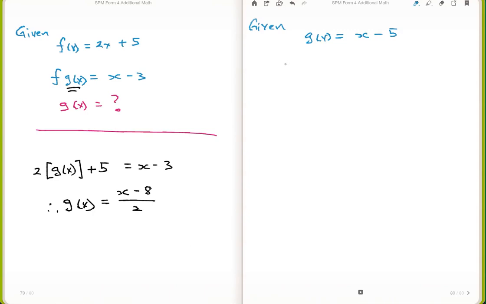And you were given also f(g(x)) is equal to x squared plus 5x plus 4. Now this would be a little bit challenging because now you are given g(x), and you look for f(x), the front function.